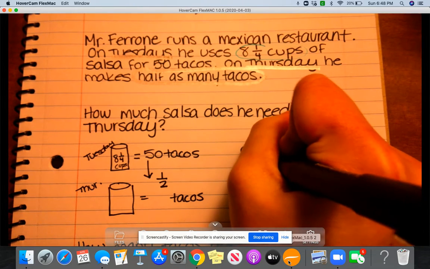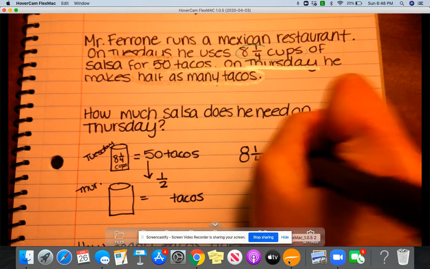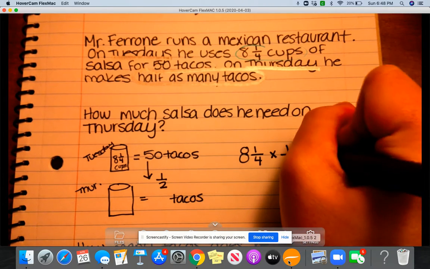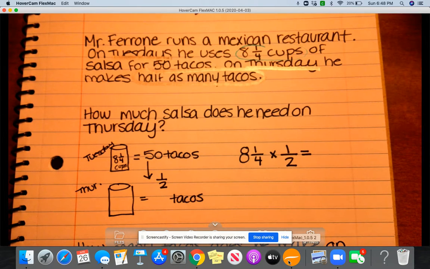So 8 1/4 times 1/2. We know from our experiences this past week that we can do 2 things. We can solve it using the box method, or we can solve it by multiplying each part, or by conversion.